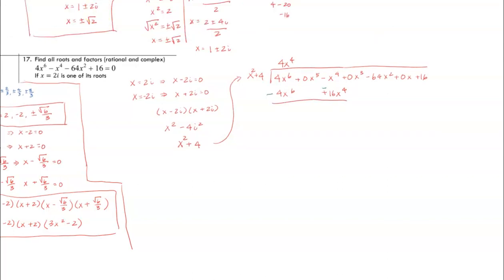Is 0, 0. Negative 17 x to the 4th plus 0 x to the 3rd minus 64 x to the 2nd plus 0 x plus 16.